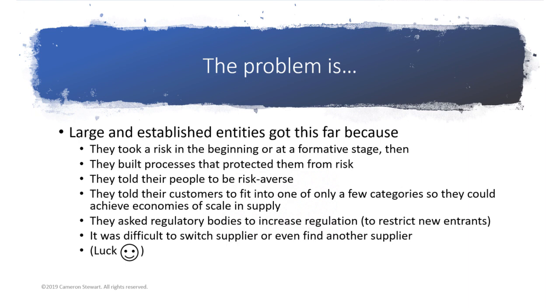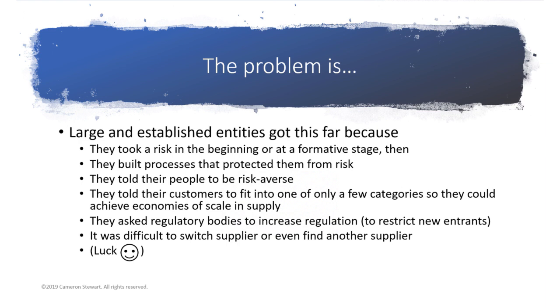They told their people to be risk averse. When decisions needed to be made, they said slow down, put in more layers. This protects us from doing the wrong thing. Often the owner-manager who started the organisation could take a unilateral risk, but now decisions must be multilateral.